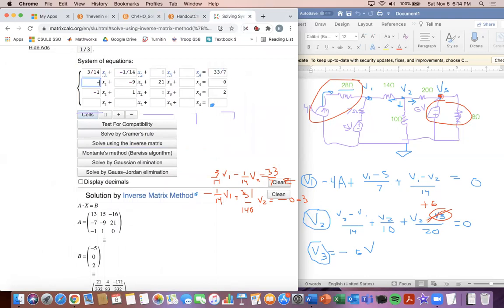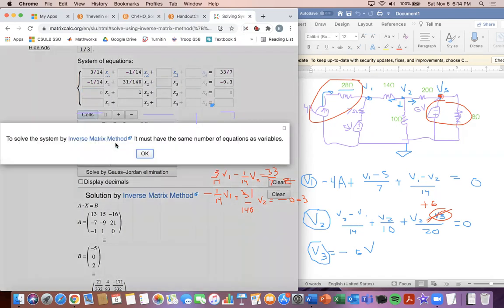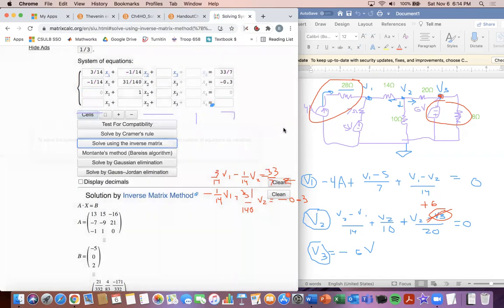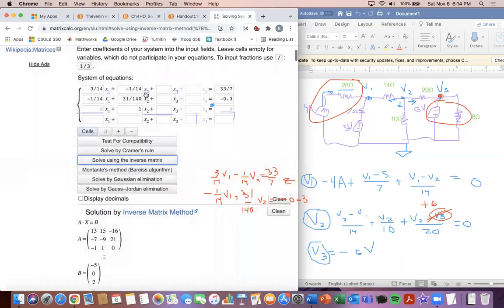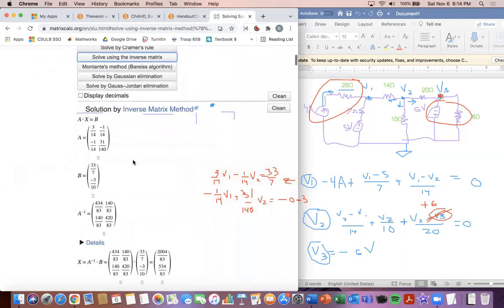Then here we get -1 divided by 14, 31 divided by 140, and then it's equal to -0.3. Then solve using the inverse. We have two equations. Oops, sorry. There we go.